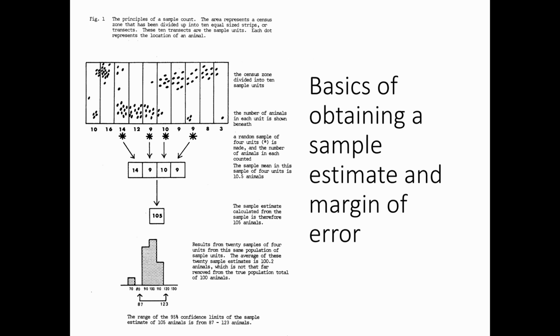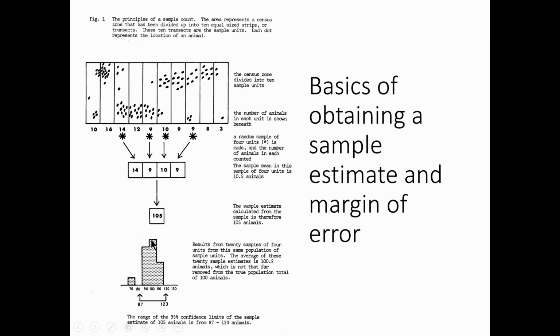This is from the classic text on the basics of obtaining a sample estimate, from Norton-Griffiths. Here they have sampled this transect, counting 14 animals, this one with 9, this one with 10, and this one with 9. And this goes into your estimate of 105 animals in this sample.